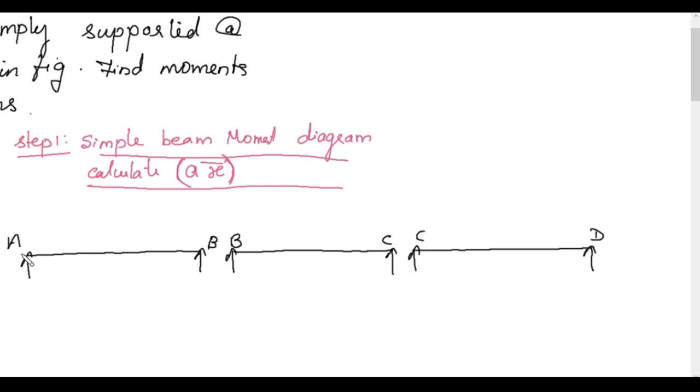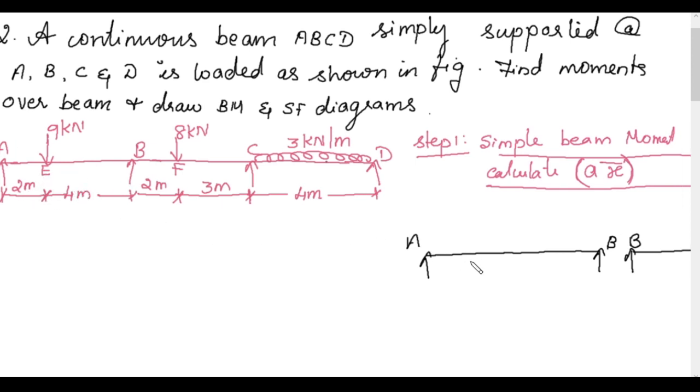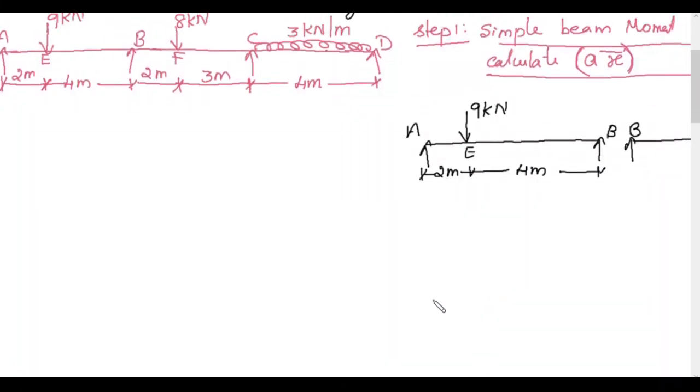Now we know in the span AB, we have a 9 kilonewton load acting at E, and the distance AE is 2 meter and EB is 4 meter. Now we know how to draw the bending moment diagram for this case.